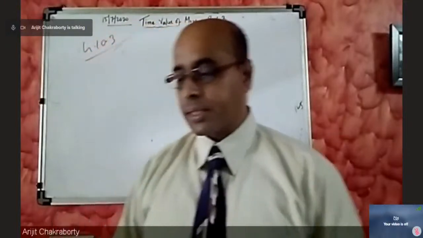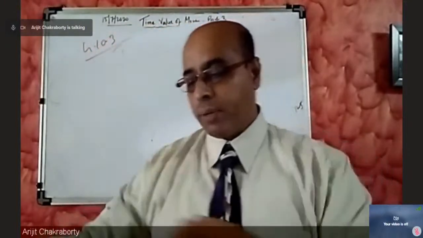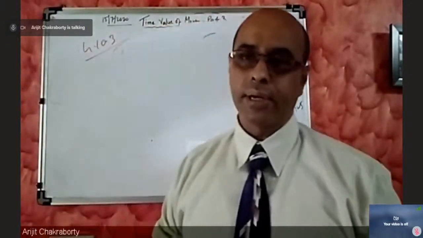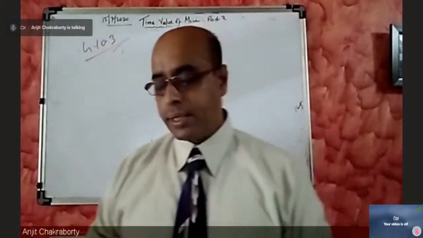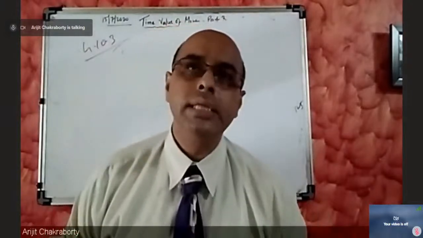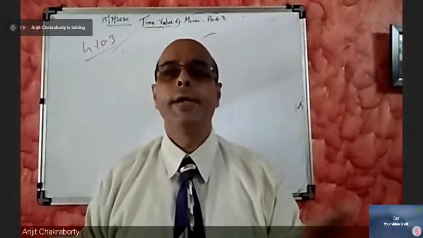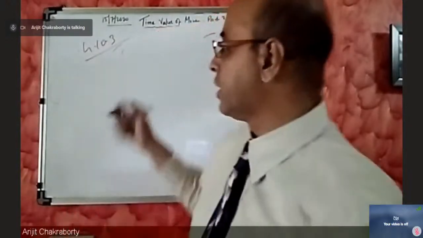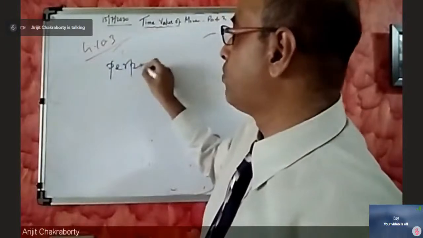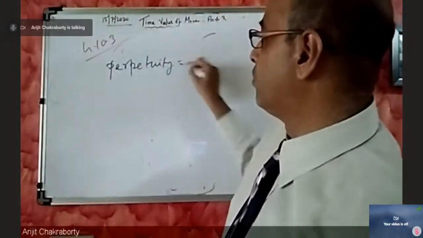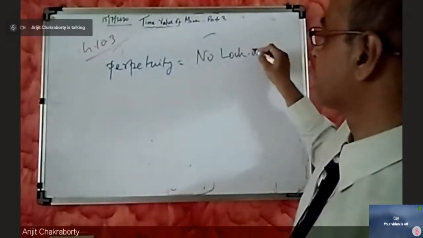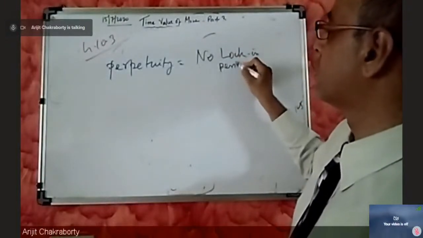So perpetuity is an annuity in which the payments will go on for an indefinitely long time. In the case of perpetuity, it means that if I keep money in a company, there's no lock-in period. So perpetuity means no lock-in period.